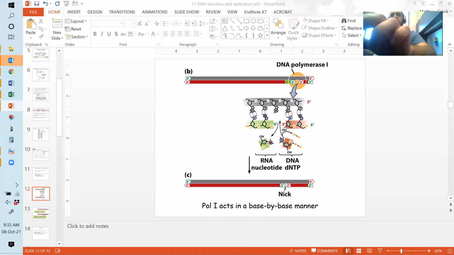And it recognizes DNA-RNA hybrids and chews up the RNA. Right, so that's one thing that it does.